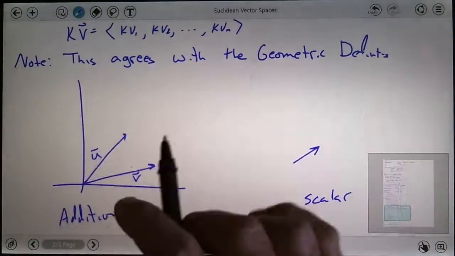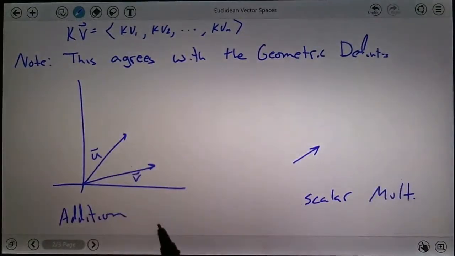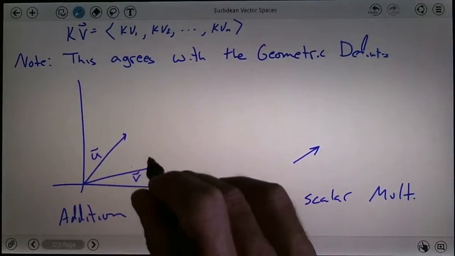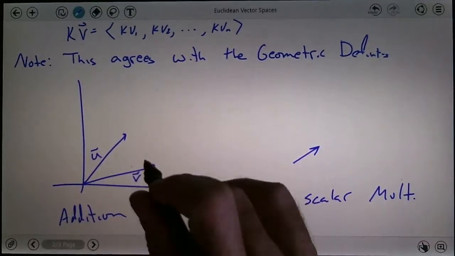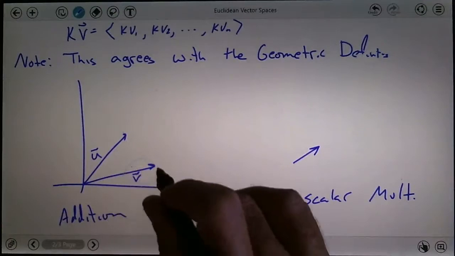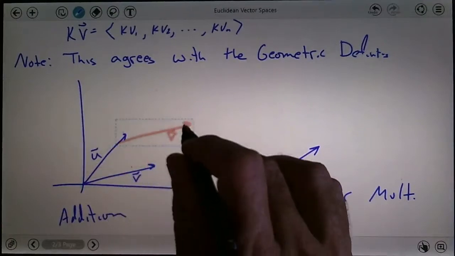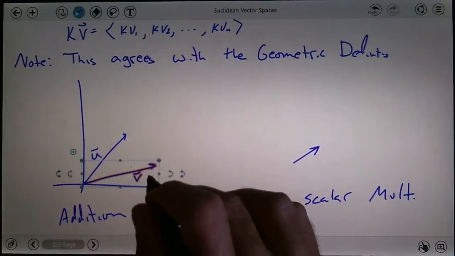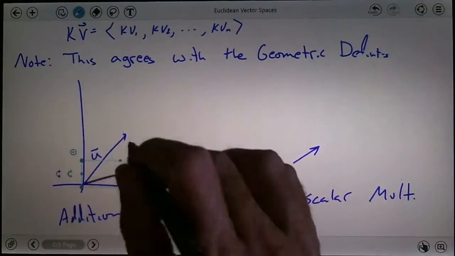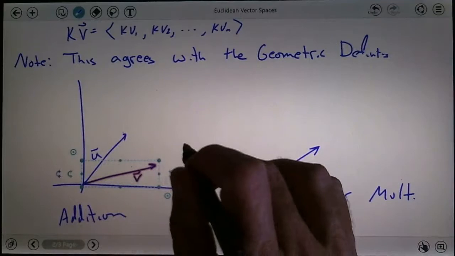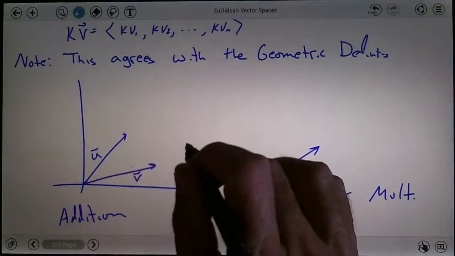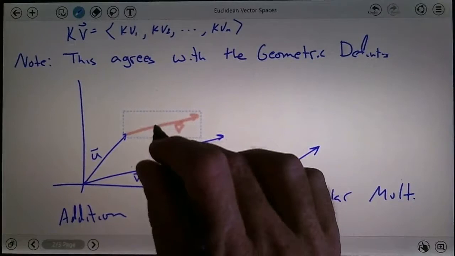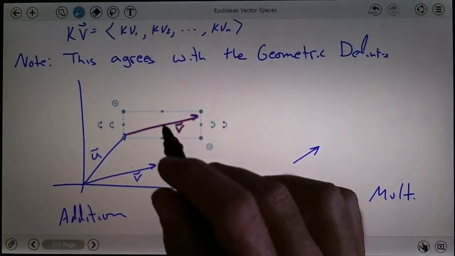For instance, here's two vectors. If I add them geometrically, I'm going to take vector v and add it on to u.